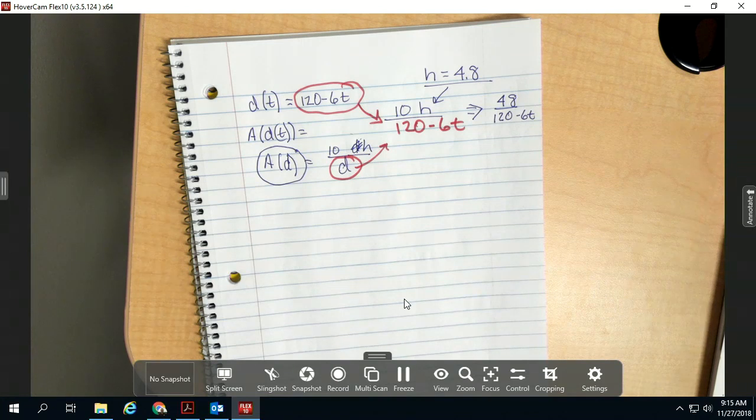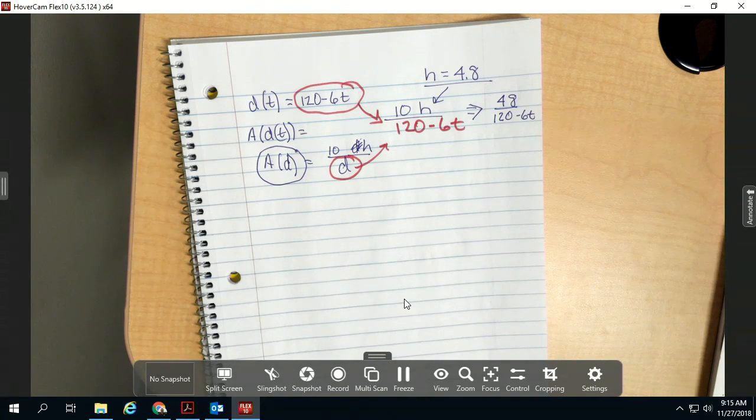what we're talking about: rational functions. What can't the time be? Oh, 20. Because if you take 120 minus 6 times 20, 120 minus 120, you get 0, and it can't be 0. Okay? Now, is that discontinuity a hole, or is it an asymptote?